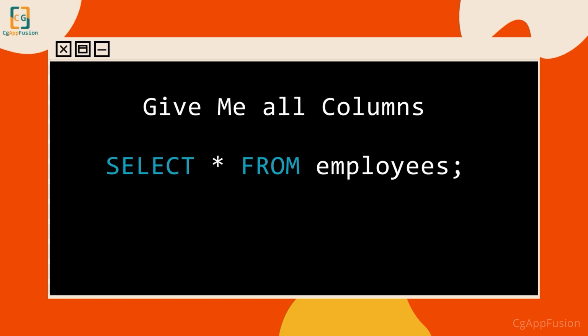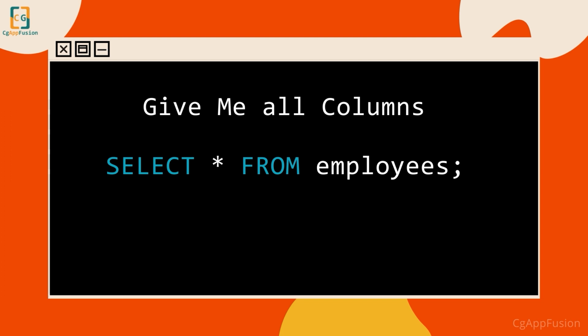Let's look at the statement that we are familiar with. So over here we have select star from employees. So the star part is we're basically saying to our database, give me all the columns that you have in this table. Sometimes we want to get all of the columns that we have, but we don't have to.